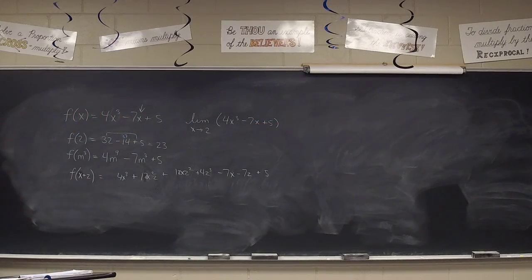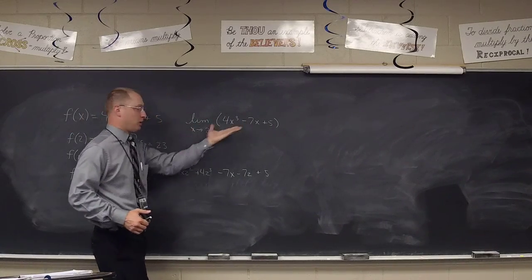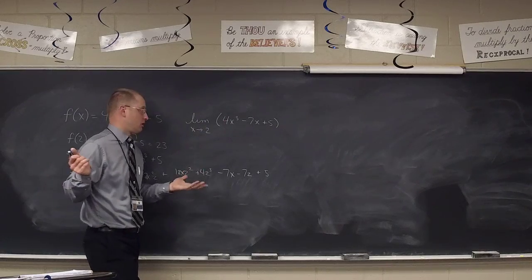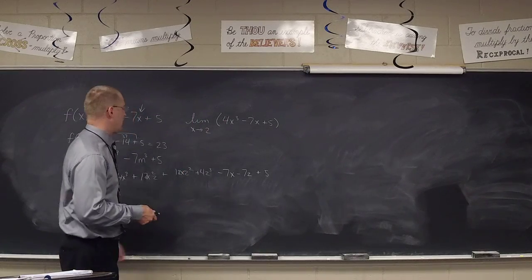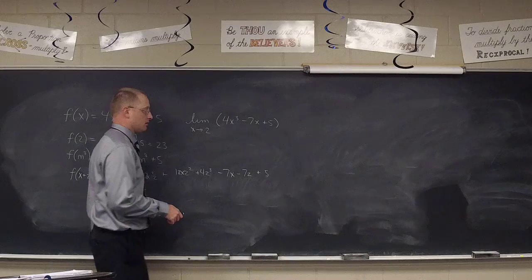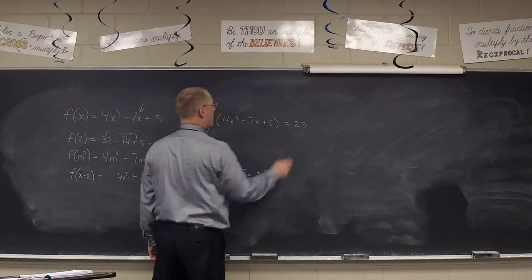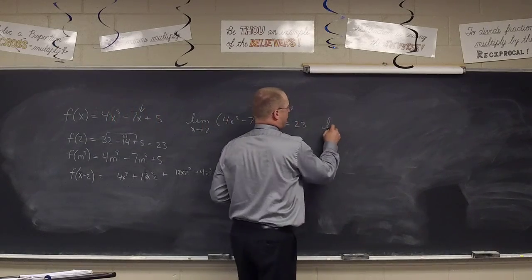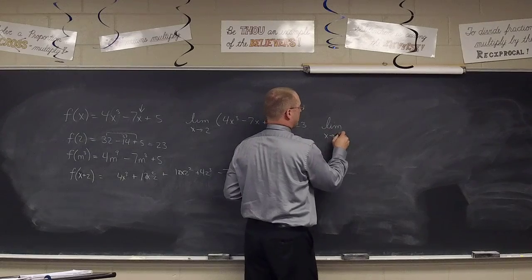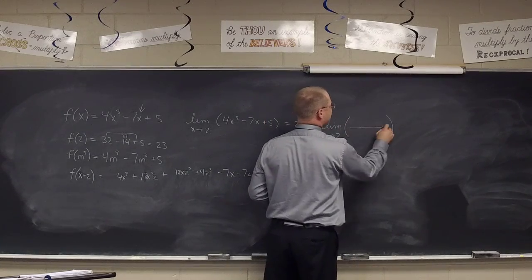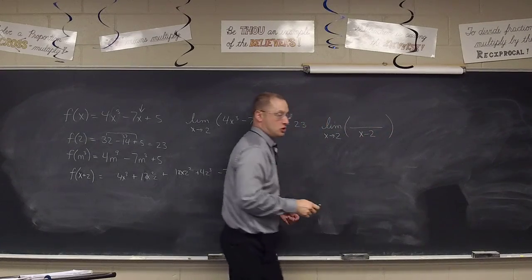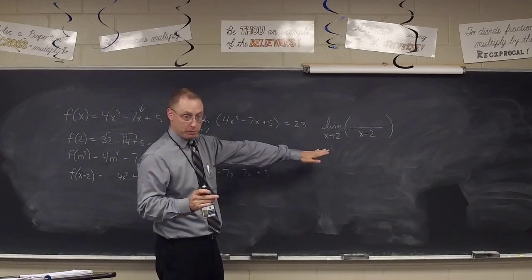But I said, unless there's a reason to use the limit, let's just plug it in. And here, there is no reason not to just plug in the 2, correct? So let's plug in the 2. And sure enough, we do get 23 again. There would be an issue with this, though. For instance, if we had the limit as x approaches 2, if we had a denominator of x minus 2, right? Because there you can't plug in the 2.